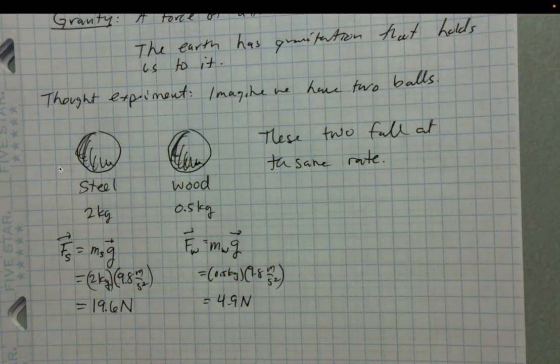Okay, so the force of gravity is different on these two objects. We start from the standpoint that we know what's going to happen, mass times acceleration. If we drop these, the mass is what it is, the acceleration we know will be 9.8 meters per second squared, so we can identify the force.